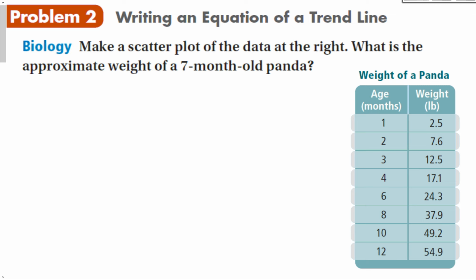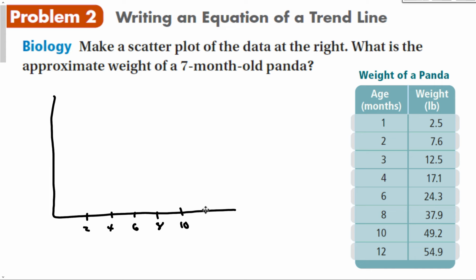So make a scatter plot of the data, and let's find the approximate weight of a 7-month-old panda, which is not one of the data points on there. So let's go 2, 4, 6, 8, 10, 12. Okay.